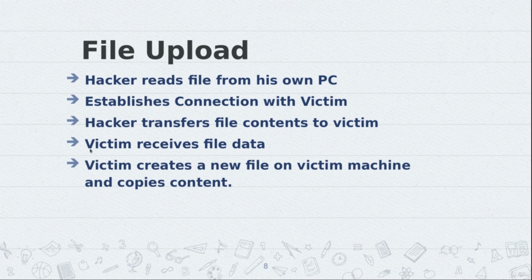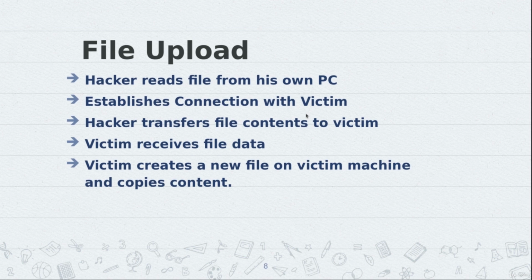And the last step is, once the victim receives this file content or bytes on its own computer, the victim has to create a new file on the victim machine, and then the victim program has to copy these file contents onto its own system. So we first read the file from our Linux machine and send it over to the victim machine, and then the victim machine reads these contents from this connection and copies them to the file that it creates.